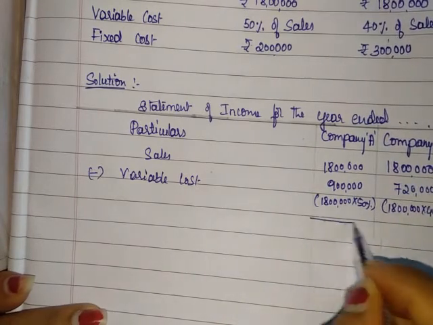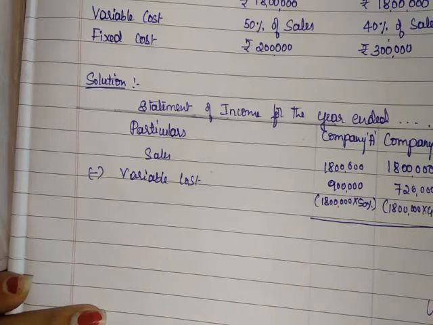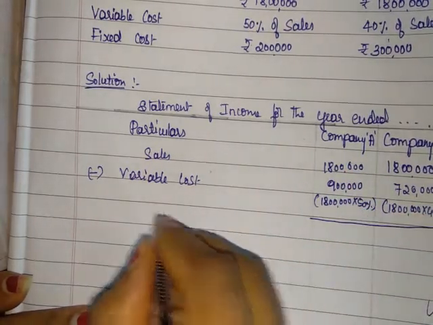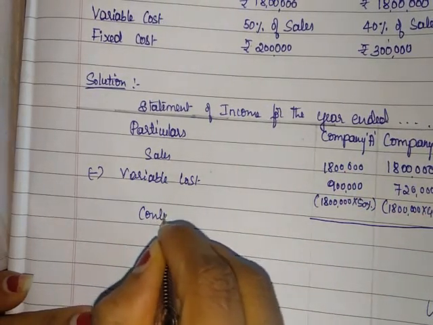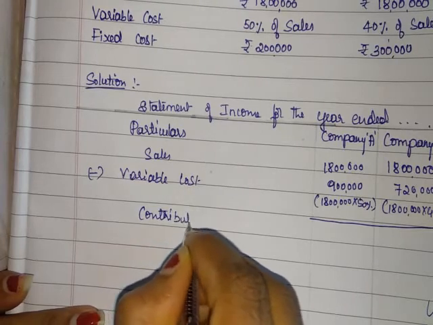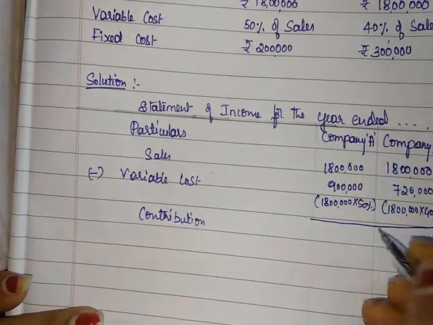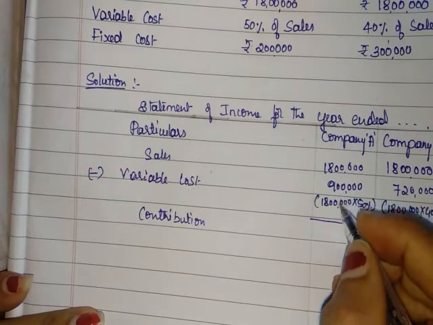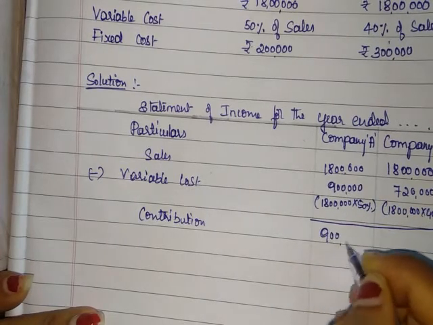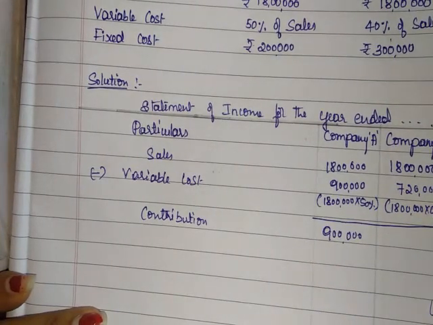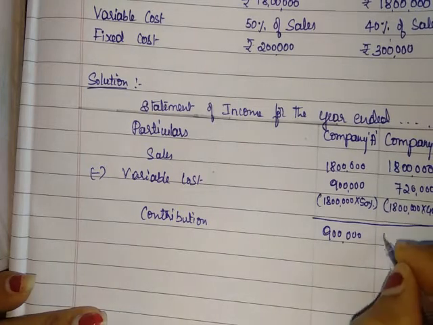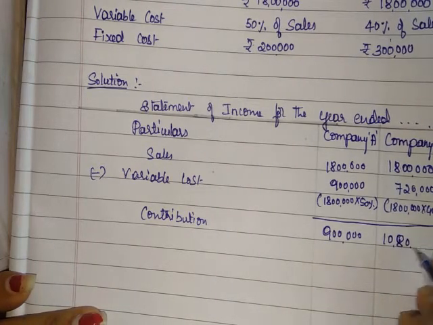So when you deduct variable cost from sales, remember, sales minus variable cost, the answer is called contribution. So 18 lakh minus 9 lakh is 9 lakh. Then 18 lakh minus 7 lakh 20,000 is 10 lakh 80,000.